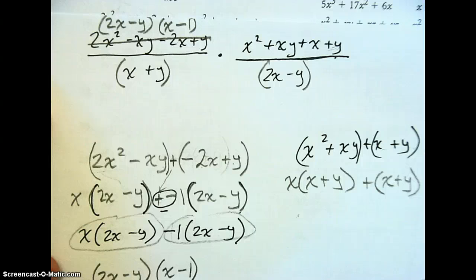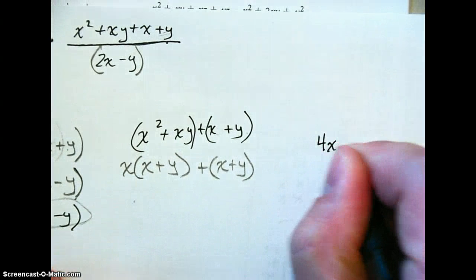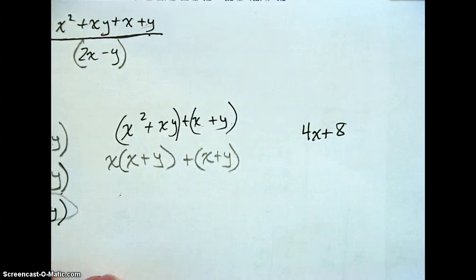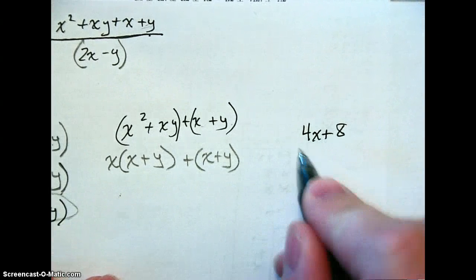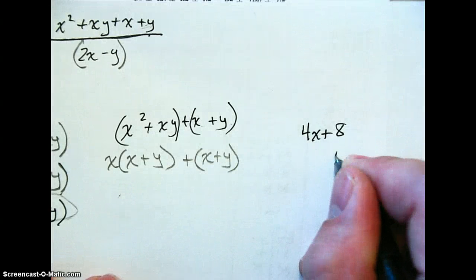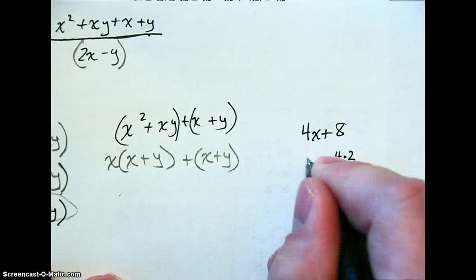In order to explain this a little better, I'm going to go through this problem right here. Let's think back to factoring 4x plus 8. Guys, 4x plus 8, what's the common factor? 4. And it's 4 because 8 is actually 4 times 2, right? Everyone agree with that? So we have 4x plus 4 times 2.